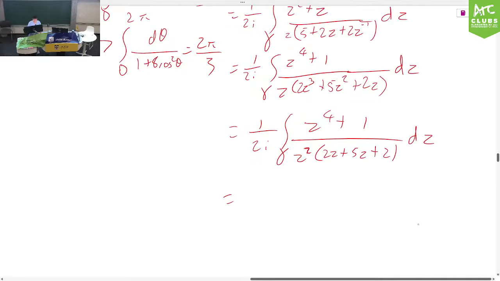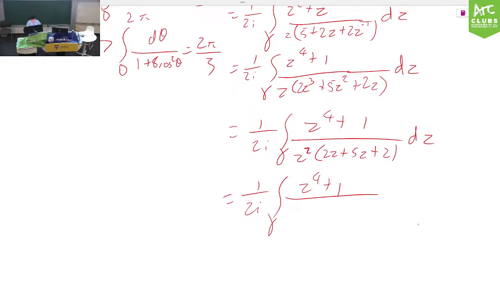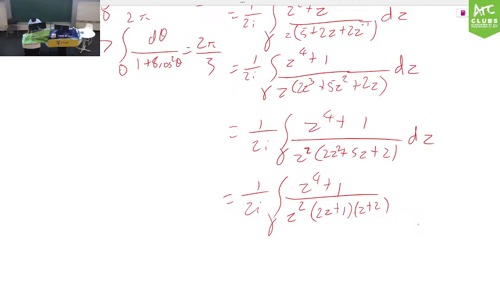Yeah, okay, I'm seeing the version. z to the 4 plus 1. I guess we have factorized the bottom. Let's stack this. Oh, sorry, this is squared. 2z plus 1, z plus 2. Okay, this is right. 4 plus 1 is 5. Okay, yeah, cool.